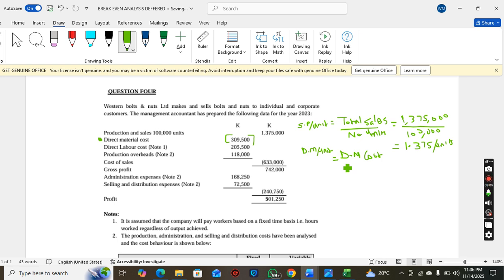So that 309,500 divided by 100,000 units, what do we get?